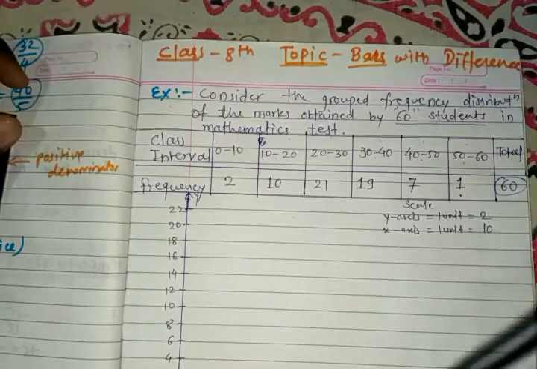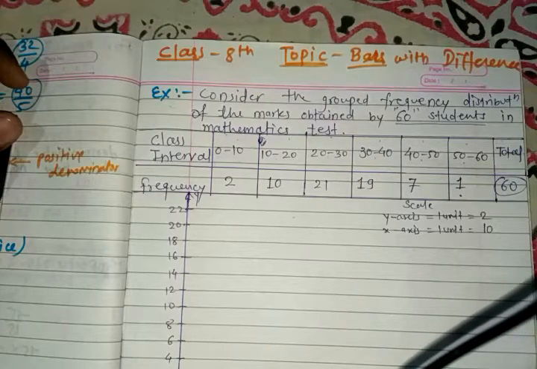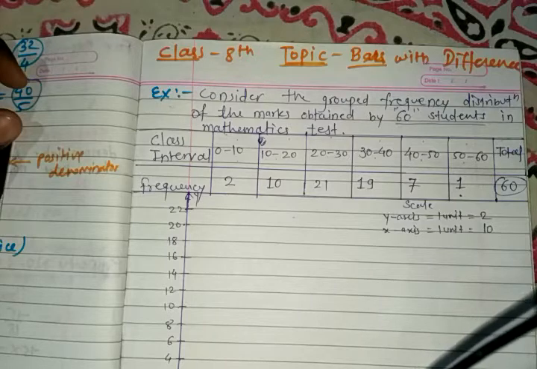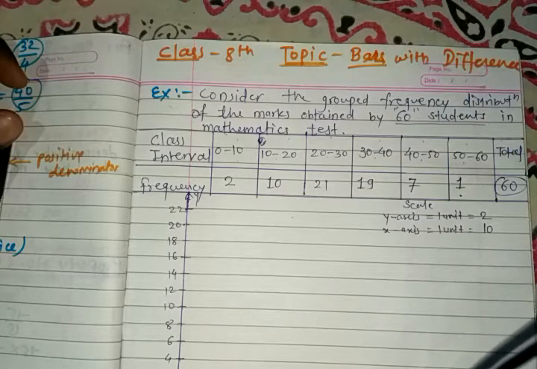Okay, let's take the scale. This is 10, 20, 30, 40, 50, and this is 60.